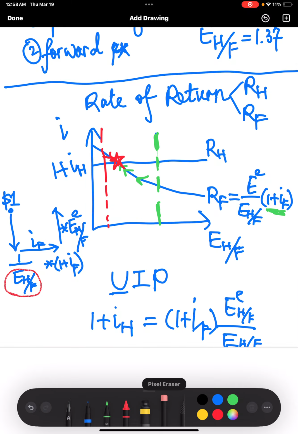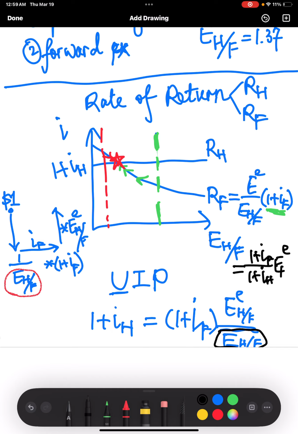you can get the equation for this exchange rate, which is just 1 plus the foreign interest rate divided by 1 plus the home interest rate, and then times the expected exchange rate.